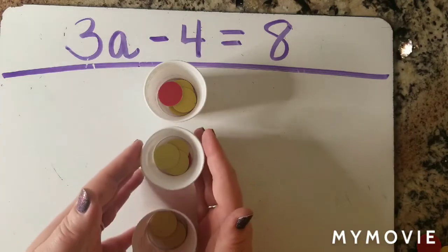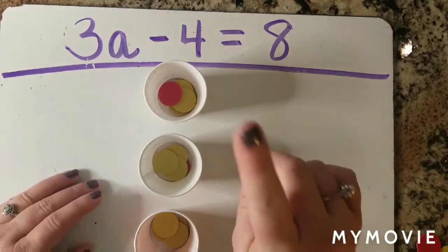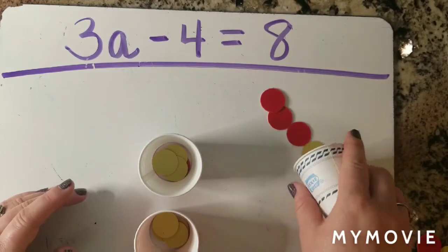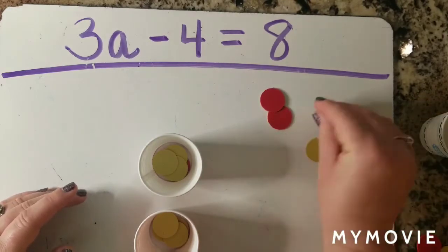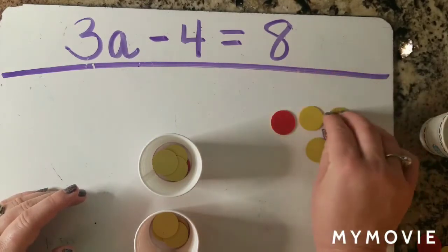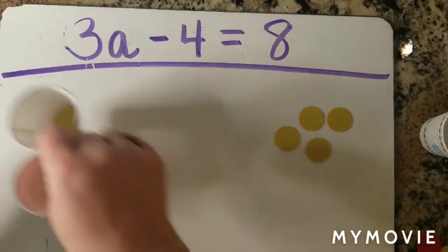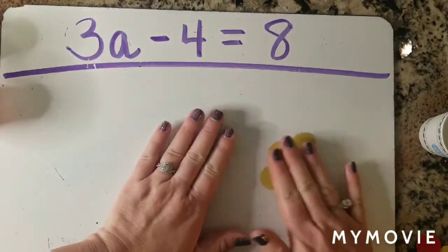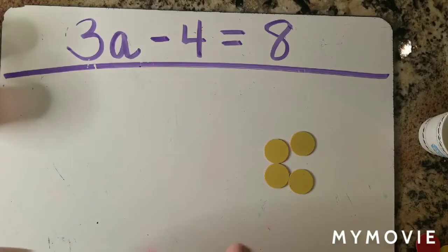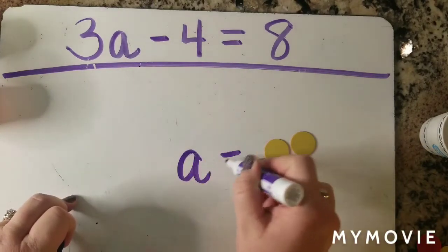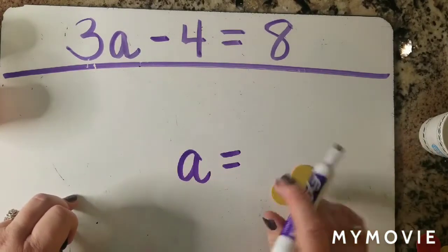So now I need to know how many are in 1. Now I have, and we know that they're positive because we put them in there as yellows. So they're positive. So A is equal to positive 4.